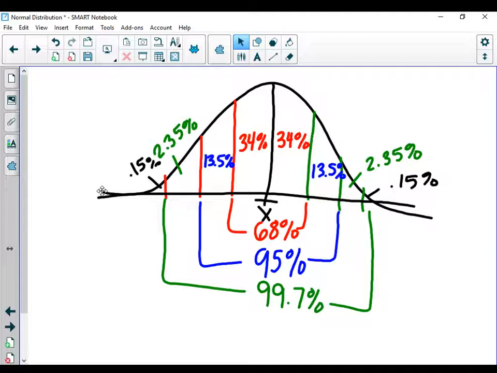And what I mean by that is when you set up your normal distribution curve, they'll give you an average, a mean, then they'll tell you your standard deviation. So all you'll do is take your mean, add a standard deviation, add it, add it, then subtract, subtract, subtract. Then they'll ask you questions like, what's the probability or what's the percentage that you make a 95 or higher on your test? So you'd go to wherever 95 is located, and you'll just tell me the percentage.